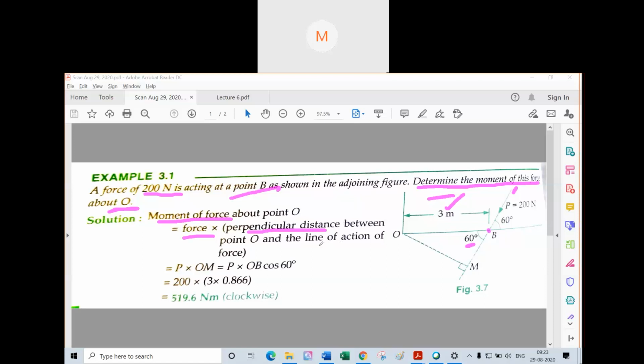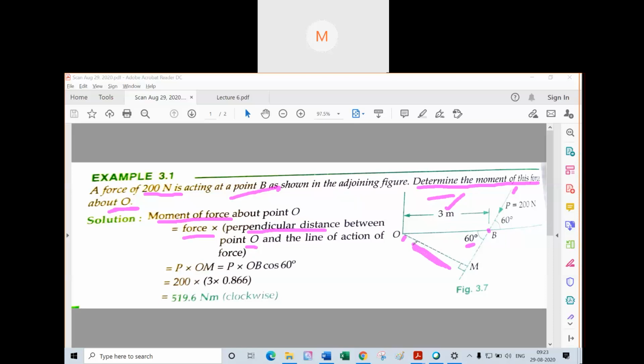Now look, the perpendicular distance should be the distance between point O and the line of action of this force.